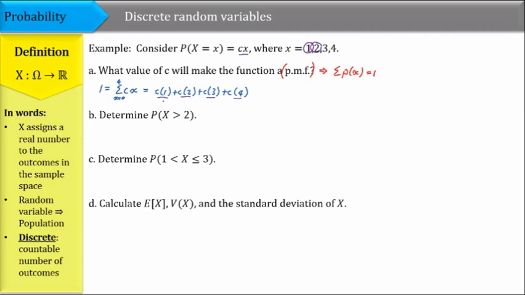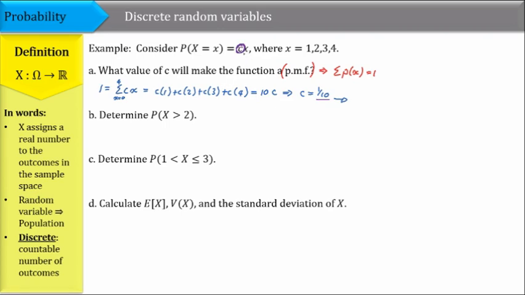And adding those up must be equal to 1. So we have 1c plus 2c plus 3c plus 4c. Adding this up, we get 10c. So that means that 1 is equal to 10 times c, and that means that c is equal to 1 over 10.